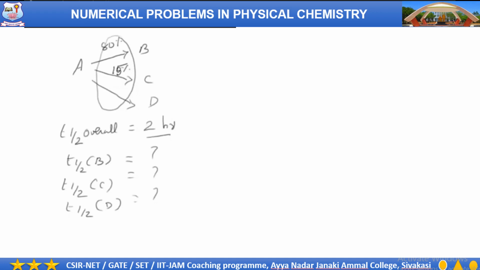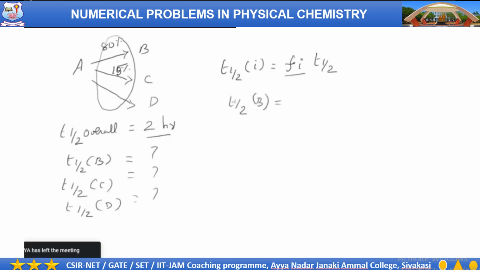Therefore, you should go for the equation: T half of any mode is equal to T half overall divided by the fraction of that mode. T half of B, the fraction is given as 80%, but here you take it as a fraction, therefore 0.8 into 2.